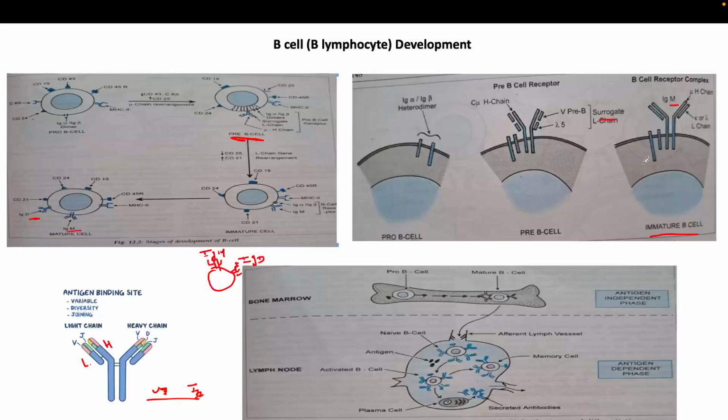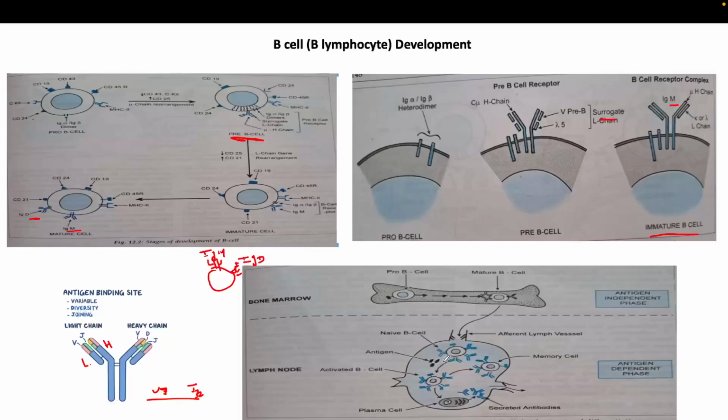Okay, and once this mature B cell is produced in the bone marrow, which is the antigen independent phase, it will migrate through the blood stream to the secondary lymphoid organ, that is the lymph node. Okay, and here in the lymph node it will encounter the antigen.